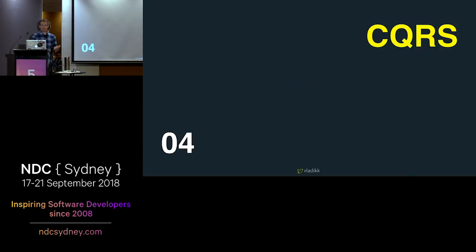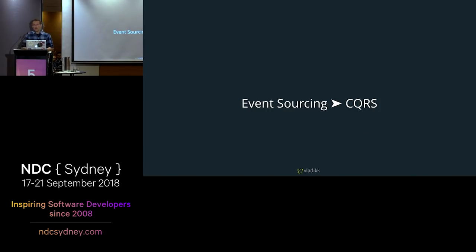Now let's talk a bit more in depth about CQRS. Historically, CQRS is closely related to event sourcing. If you're doing event sourcing, in almost all the cases, you need CQRS. But it's crucial to understand that event sourcing and CQRS are not the same. Instead, they are two conceptually different patterns.